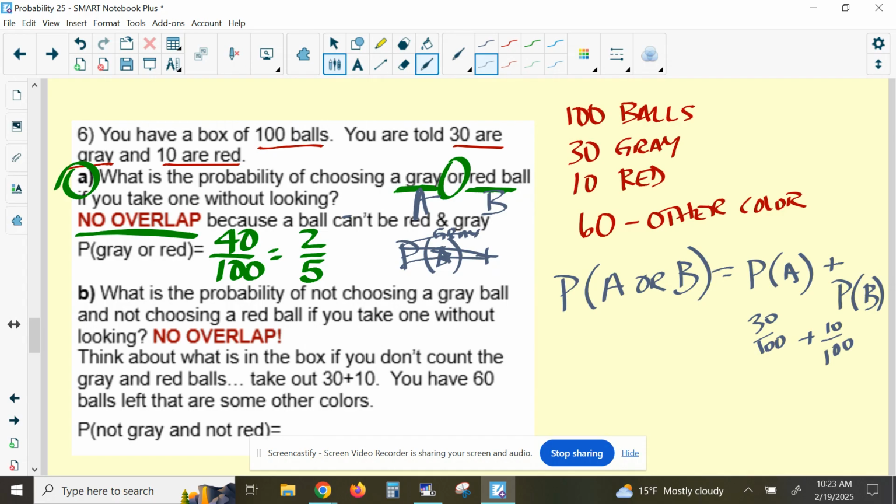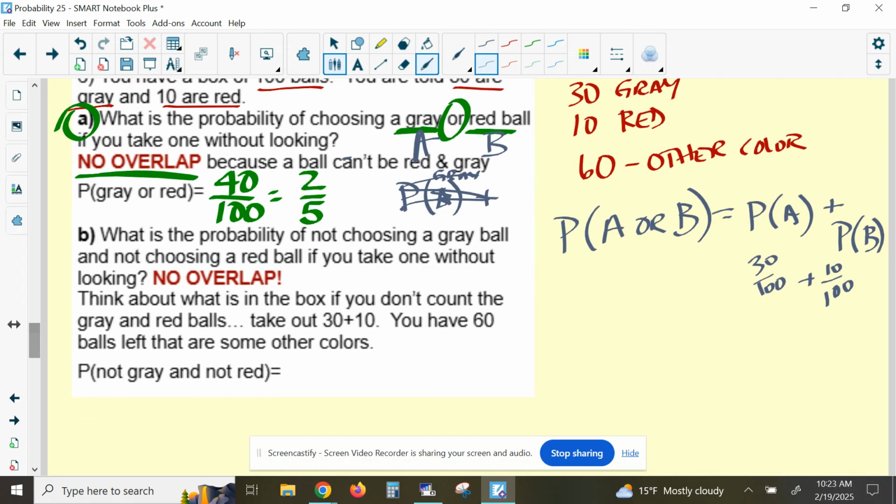Okay, now let's look at the second part. Let's look at B. All right, B says, what is the probability of not choosing a gray ball? I want not choosing a gray ball and not choosing a red ball. So what does that mean?